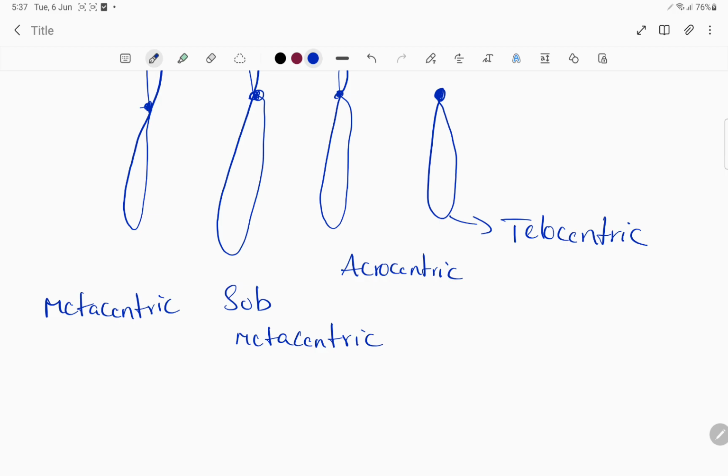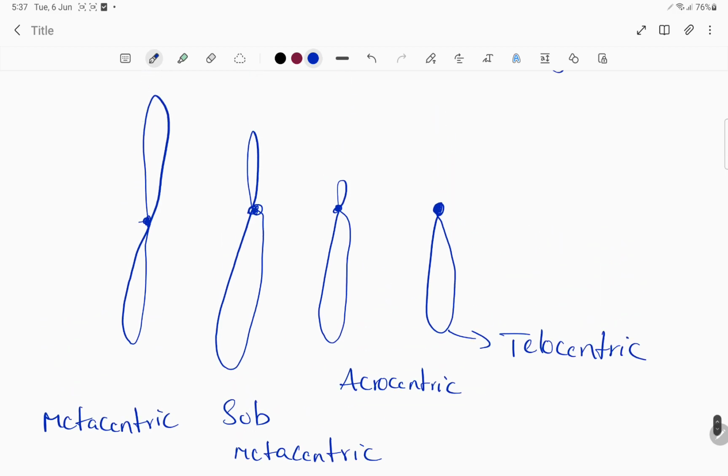Coming to the telocentric first, the centromere is placed at the end of the chromosome. This is called I-shaped. And this is the acrocentric chromosome. The centromere is slightly away from the end, and this we call J-shaped.